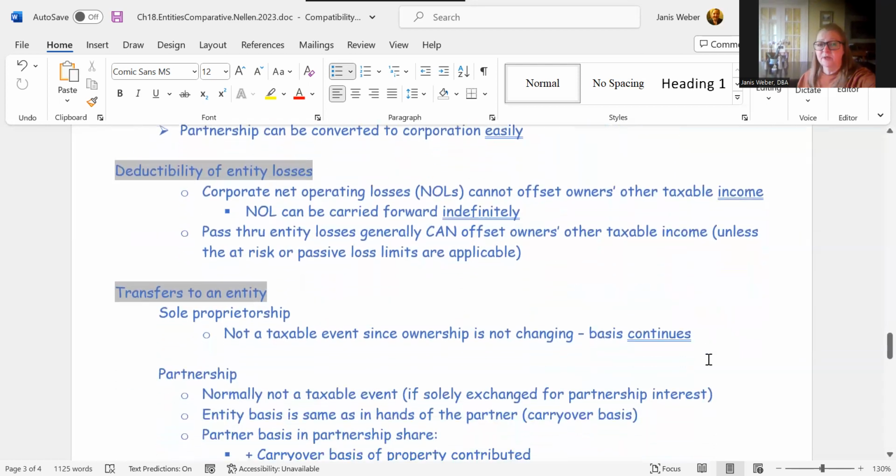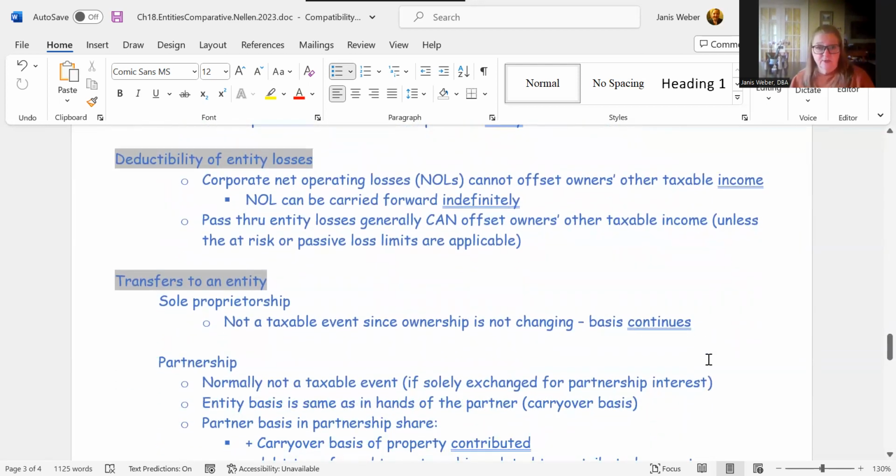Now, the next thing, deductibility of the losses. There is a difference between the deductibility in different kinds of companies, of course. Corporate net losses, in other words, the C corporation losses, NOLs, cannot offset the owner's taxable income, obviously, because that C corporation is an entity of its own. It's totally separate from the owners. So when you have a C corporation, if you have a loss there, you cannot share it with your shareholders.